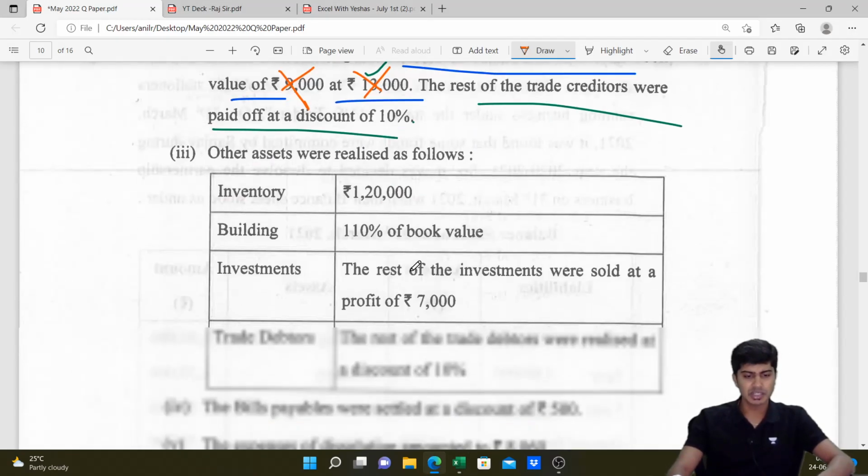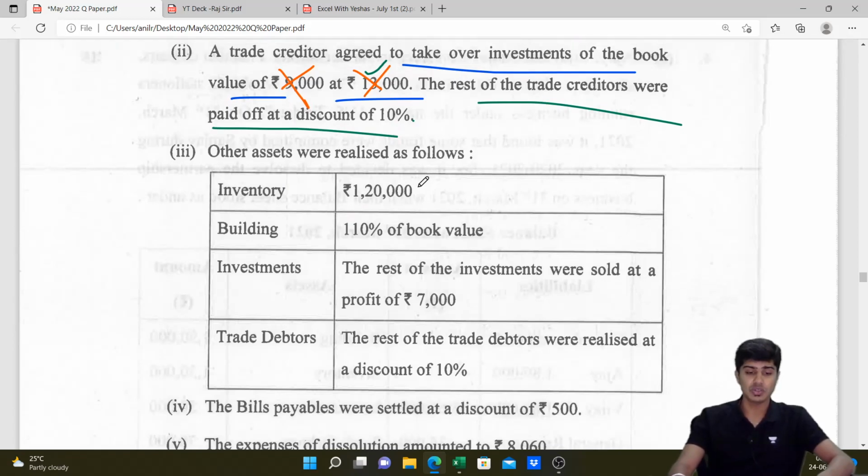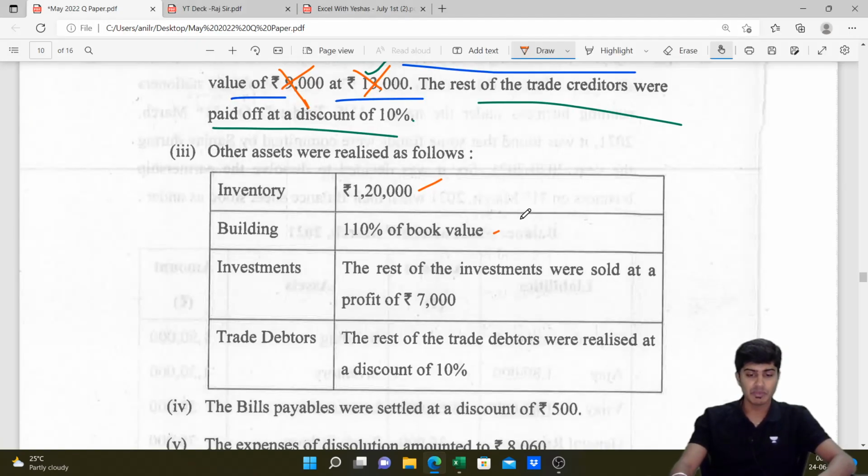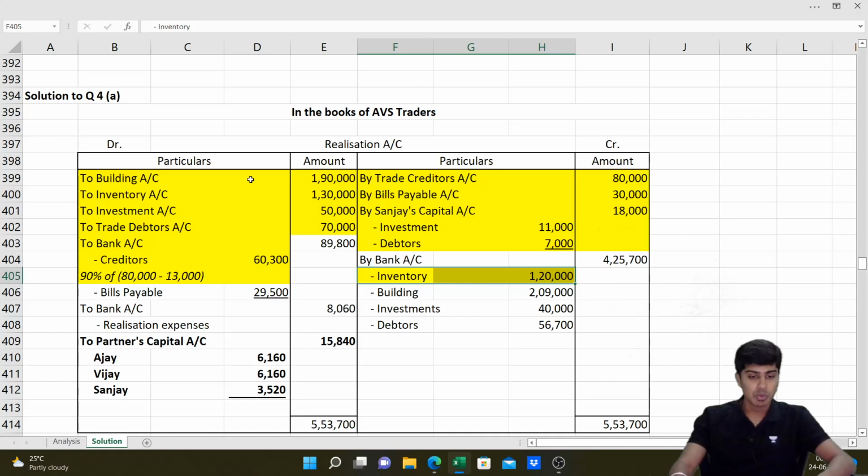Then the next adjustment, the other assets were realized as follows. Inventory 1,20,000. So inventory realized 1,20,000 rupees for us. Fantastic. Building 110% of book value. Book value of building is 1,90,000.